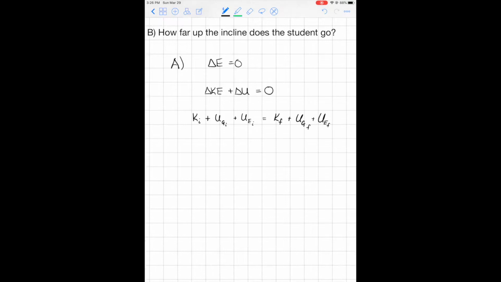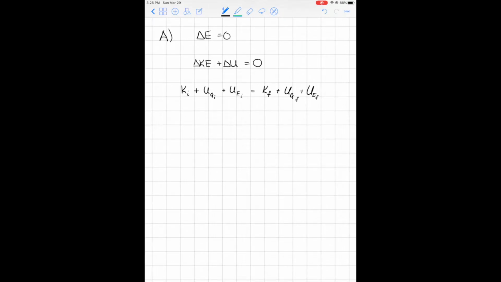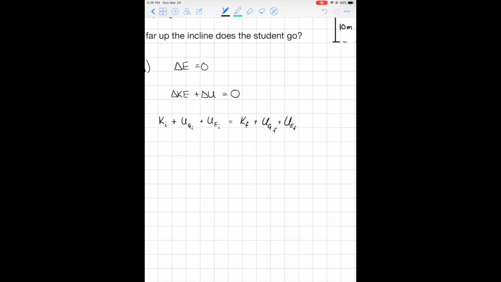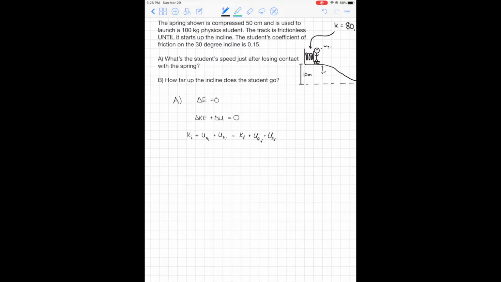So now I need to actually say, which of these energies do I actually have? Initially, am I moving? No. It's compressed, and it's going to launch a physics student. This poor physics student. So I don't actually have any kinetic energy to begin with.